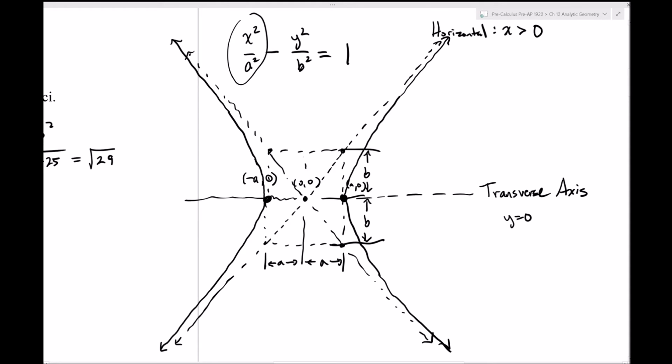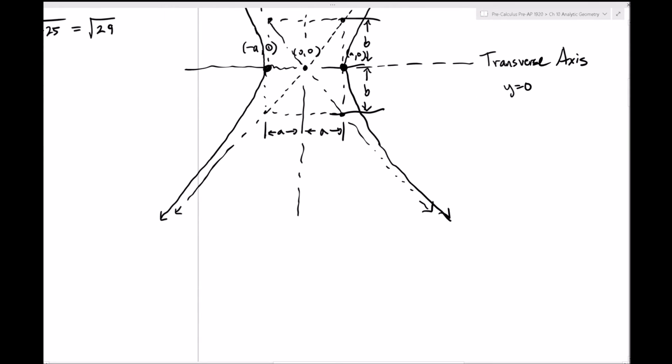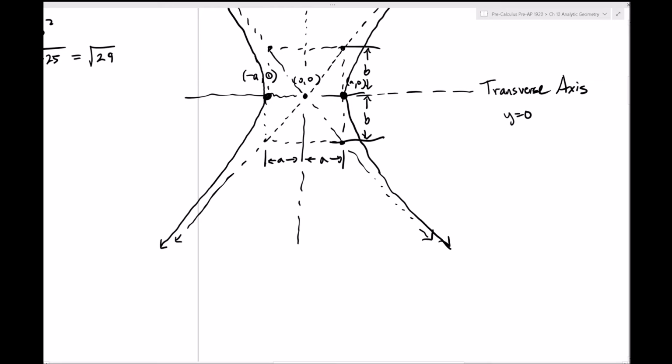The other axis, which is just one perpendicular, so the one where there are no other vertices, there are just two vertices in this situation. But if we were drawing an ellipse, we would call those co-vertices, and that would be the minor axis. That other axis, which is perpendicular to the actual orientation or transverse axis, we call this the conjugate axis. That's the conjugate axis.